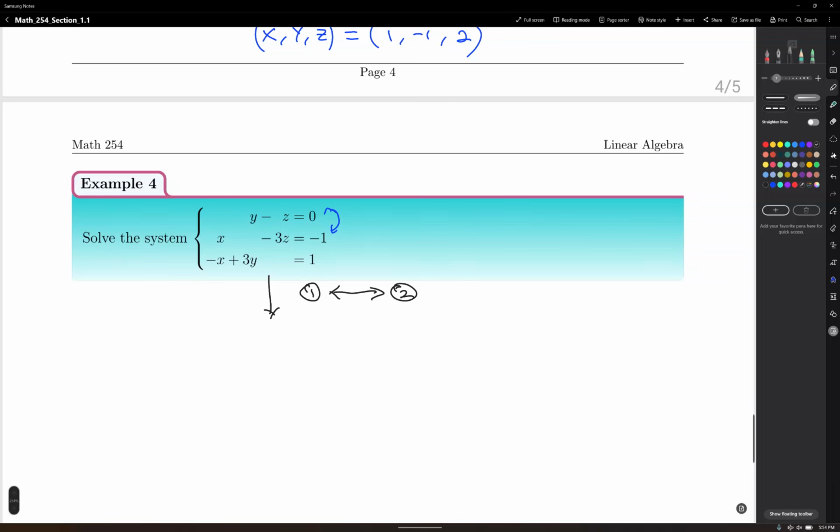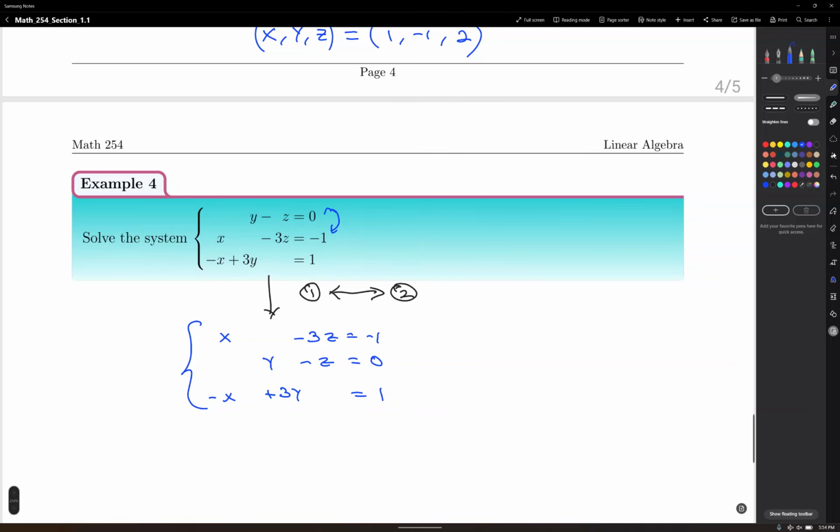So what do we do next? That becomes x minus 3z equals negative 1, y minus z equals 0, and negative x plus 3y equals 1.